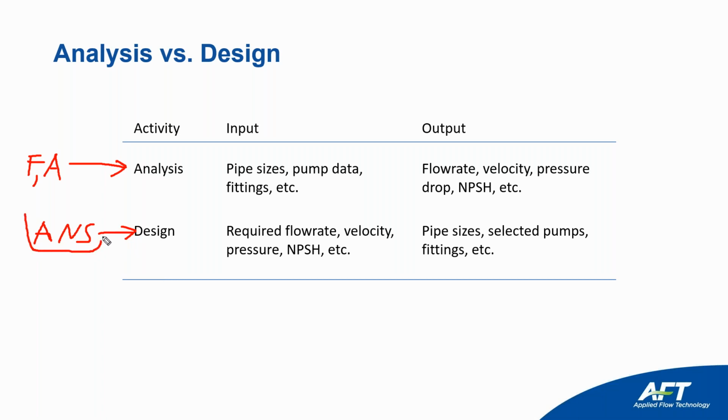Because with the ANS module, you're going to be specifying what your flow requirements are, your velocities, your pressures, all the things that you need. And then the ANS module will automatically determine what pipe sizes you need and pumps, different things like that. And so it's a very efficient way of helping you with your design, that you'll see here in just a moment.